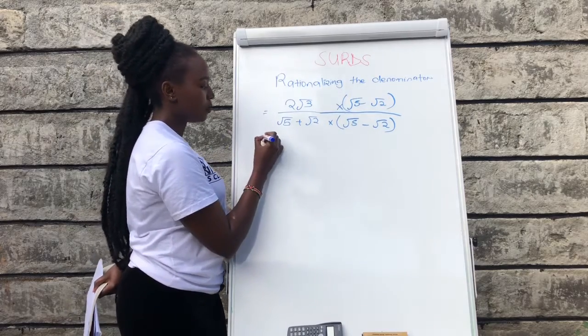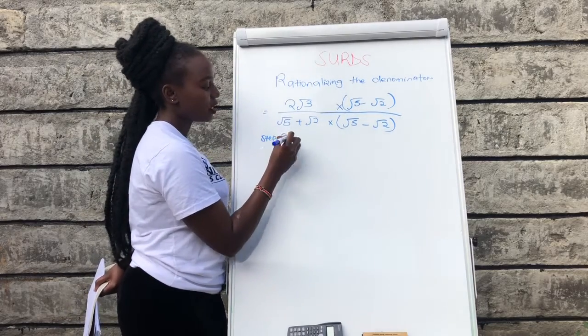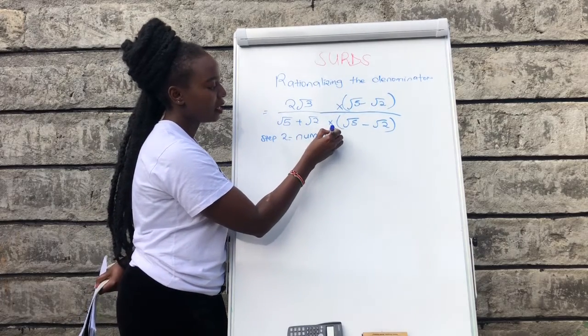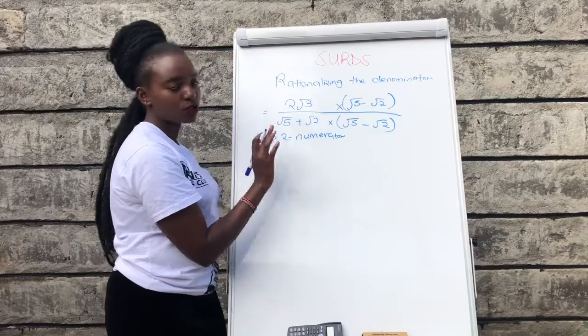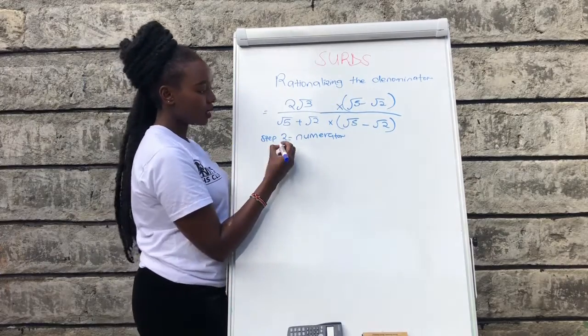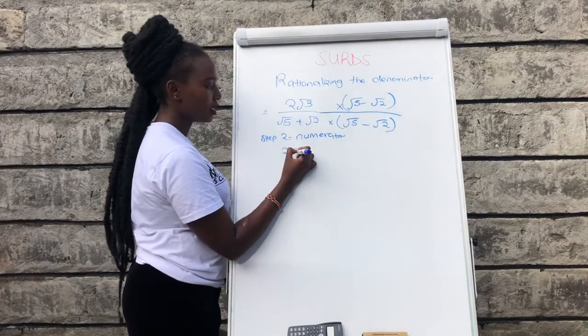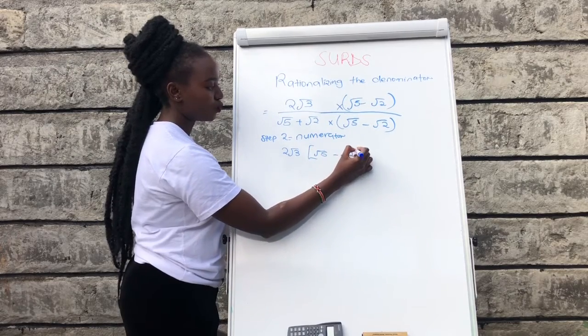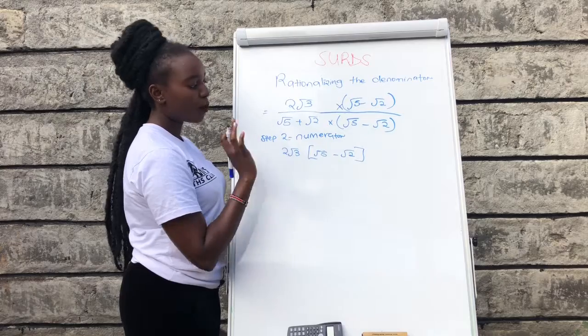So now let's go to step 2. So that you don't confuse, you can separate them and work with the numerator first. You just find the solution for the numerator. So this becomes 2 root 3, you multiply by root 5 minus root 2. So basically here you open the brackets.